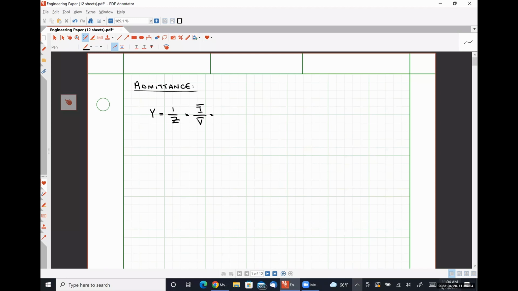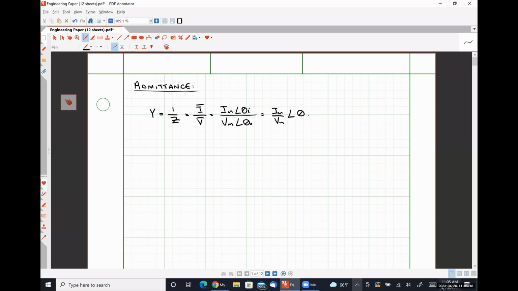Expressed in polar form, it's going to look like this. So we have our phasor current, Im angle theta I, divided by our phasor voltage, Vm angle theta V.